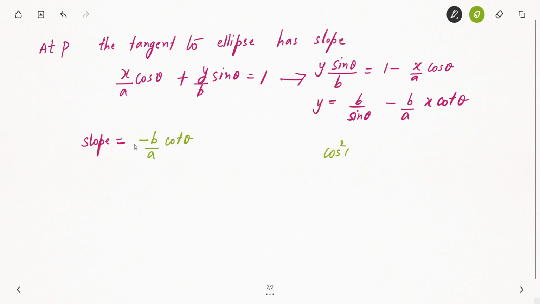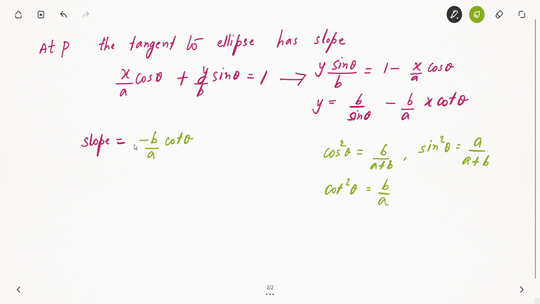Cos square theta is equal to b upon a plus b, and sin square theta is equal to a upon a plus b. So if I divide both, I can get the value of cot square theta, and that will come as b upon a.